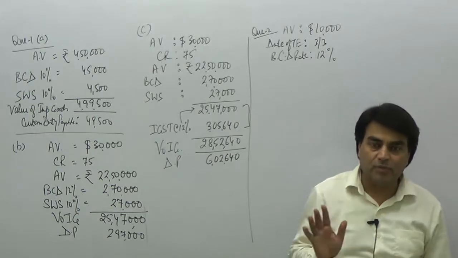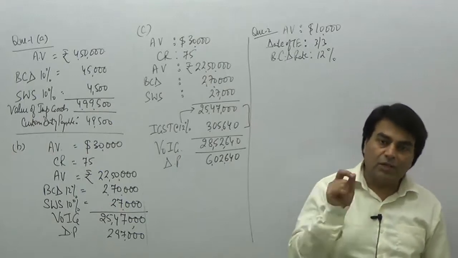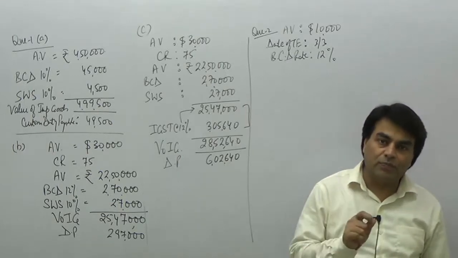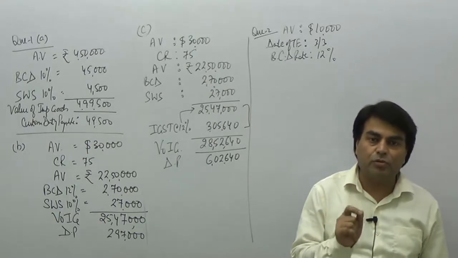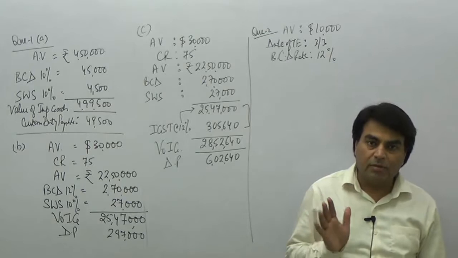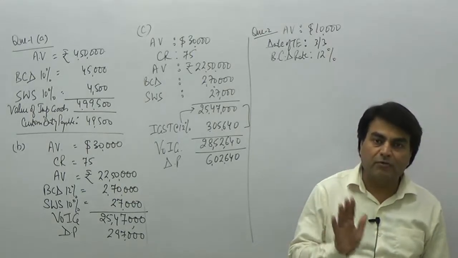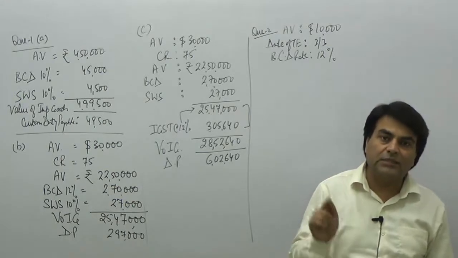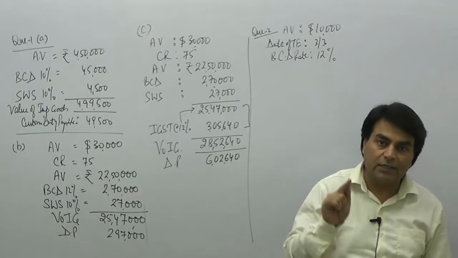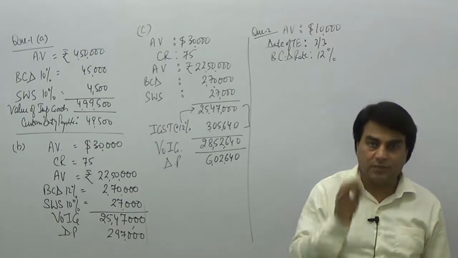Okay, please note this. Point number 2 is that the conversion rate you need to take is the rate on the date when you have filed the bill of entry for home consumption. I am repeating this. The date on which the importer has filed the bill of entry for home consumption, whatever conversion rate of CBIC is there on that date, it would be the relevant conversion rate for us.